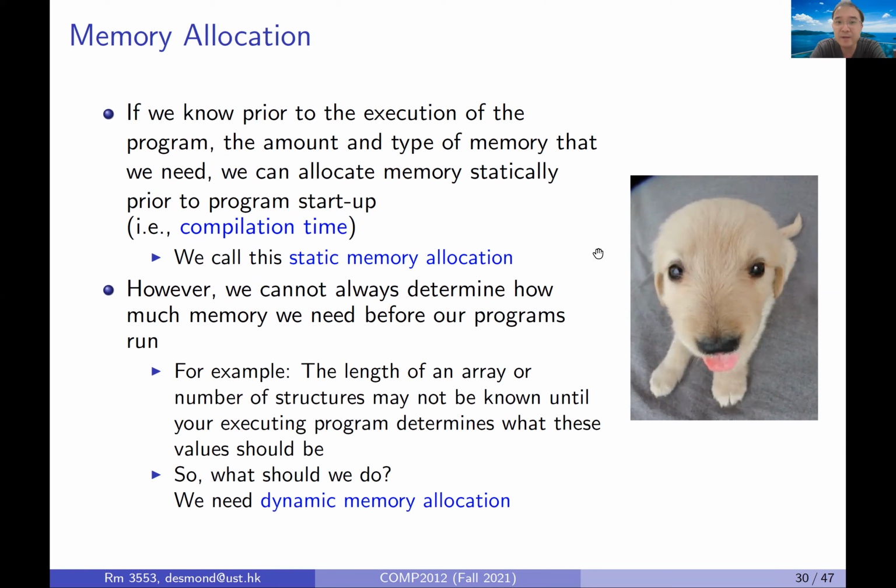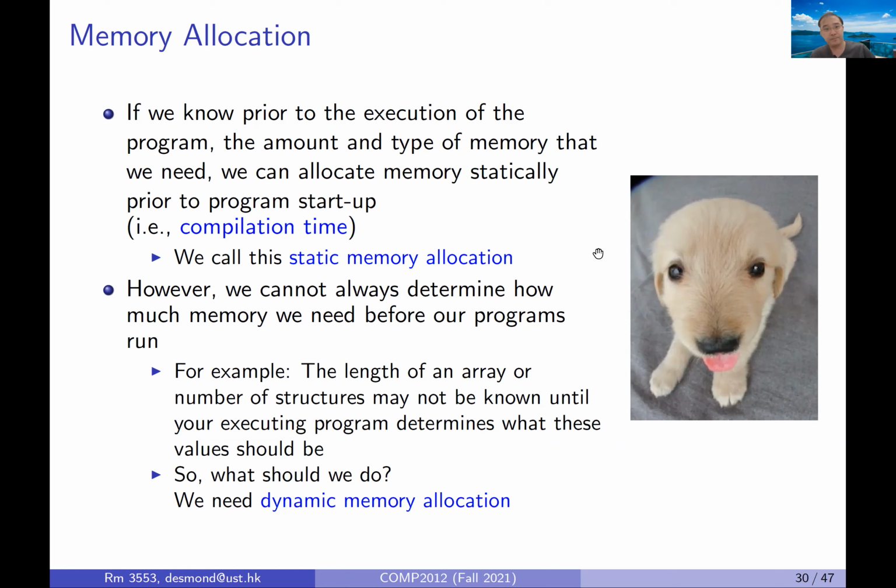One is we get the memory when we compile the program. Another style is we get memory when we are executing our program. So bear this in mind. You want to define boxes, right? That means you want to get memory from your computer. Two different styles: get the memory when you compile the program, or get the memory when you are running the program.